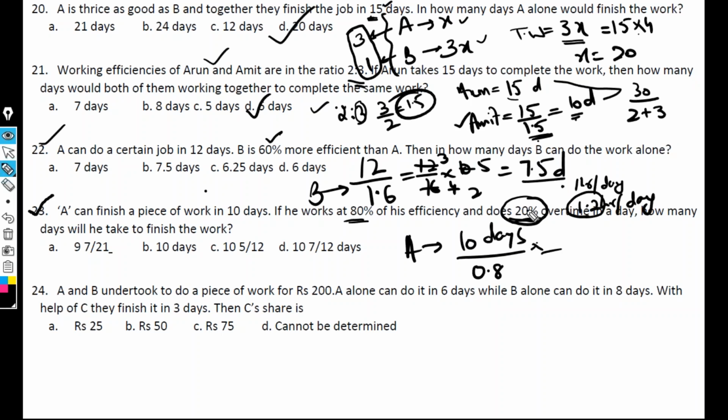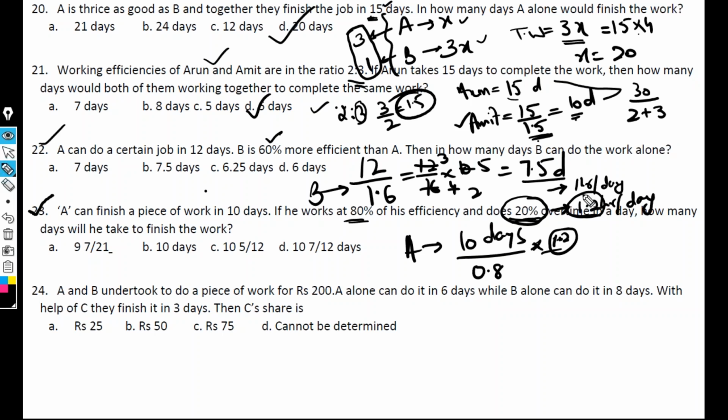Okay guys, now listen to me carefully. Just focus on one part. I got both the responses. This part is very important. Earlier he was working 1 hour per day. Now he is working for 1.2 hours per day. If you multiply this with 1.2, it will increase your number of days.